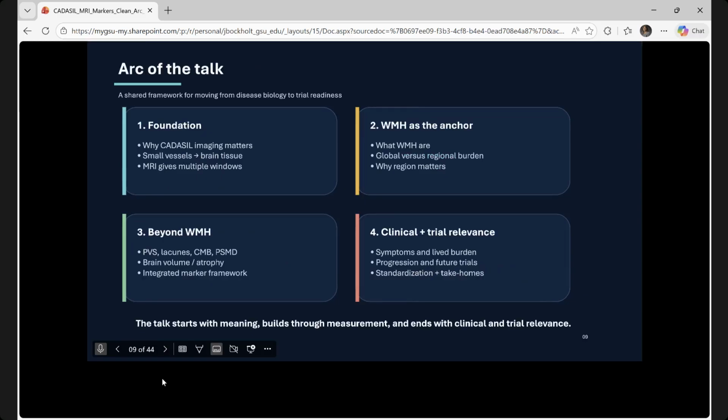I want to take you through the foundation of what the CADASIL imaging markers look like.